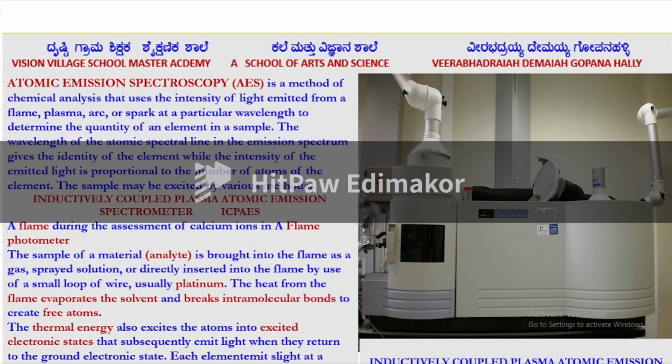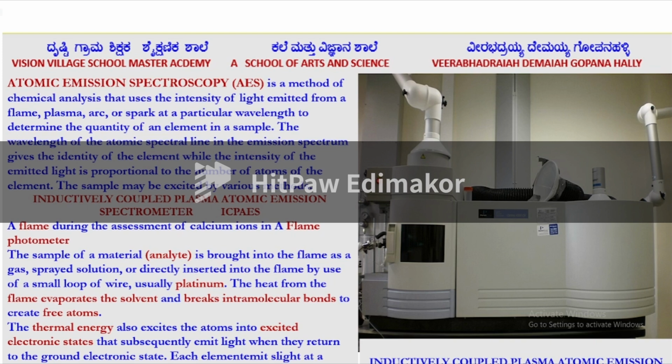Atomic emission spectroscopy, AES, is another type of sophisticated instrument, which is emission spectroscopy. Next, coming to the inductively coupled plasma atomic emission, which is a highly sophisticated and recent instrumentation technology, a flame is used during assessment of calcium ions in a flame photometer. The sample of material analyte is brought into the flame as a gas, sprayed solution, or directly inserted into the flame by using a small loop of wire, usually platinum.